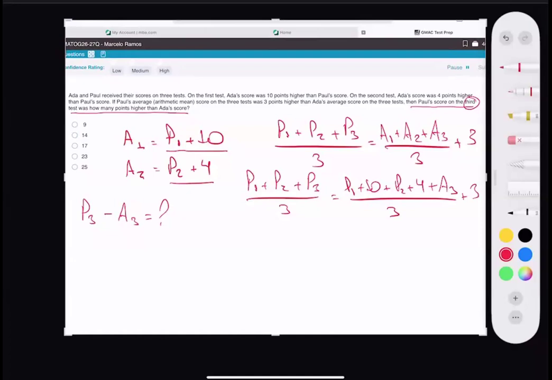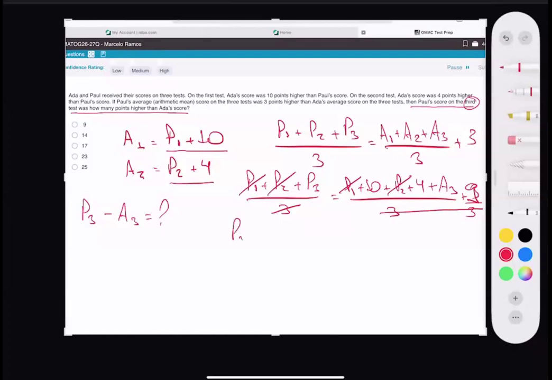What I need to do, I need to take 3 here, so here will be 9. Everybody understood? Okay? Then I can cut these 3, because I took the least common multiple with this. Do you agree? Okay? So, P1, because I passed to the other side, P2.